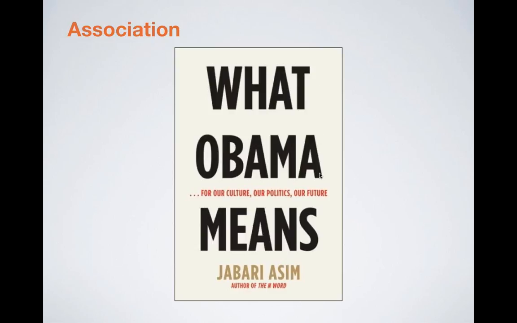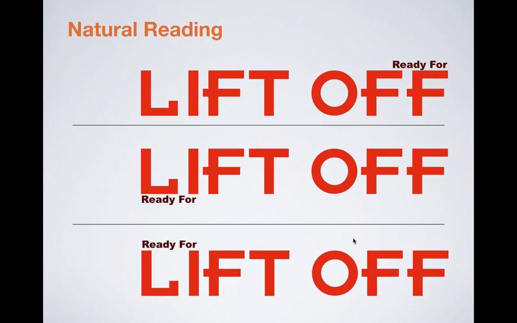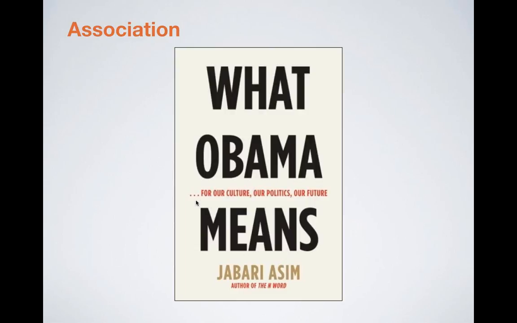This one's a little clearer, but by inserting this line, it kind of plays with the natural flow of how we would read this. This part of the title should appear after what Obama means, but they have inserted it into a kind of unintuitive location there.